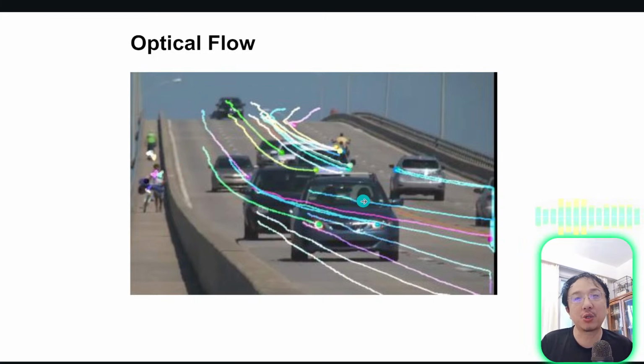This can be used to track objects in a video and estimate the movement of things, and may be useful for 3D reconstruction, to reconstruct 3D things from 2D images. So it has had optical flow since the 1970s.